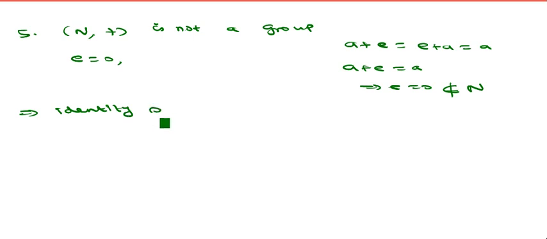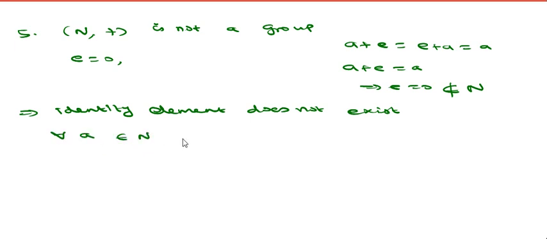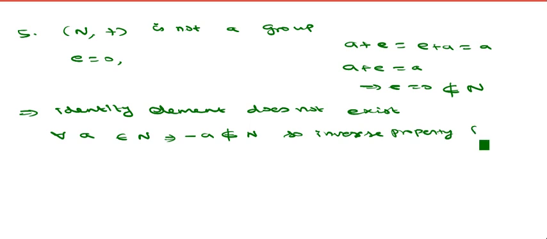This implies the identity element does not exist. Also the inverse property is not satisfied: for every A in N, minus A will not be in N. So the inverse property also fails.